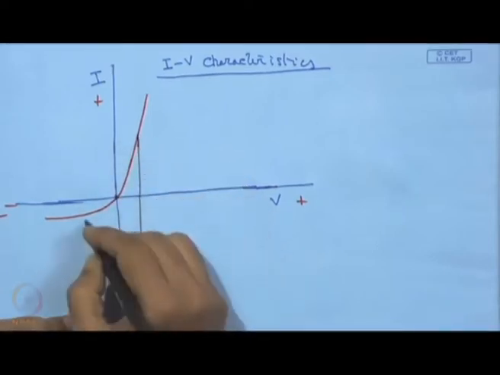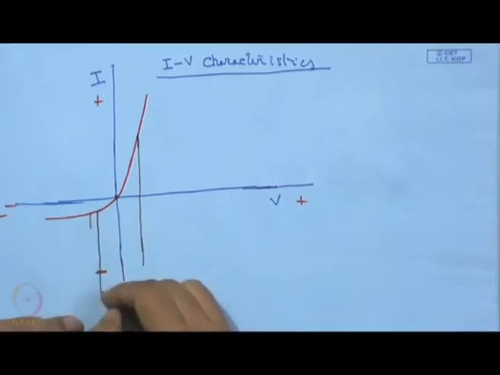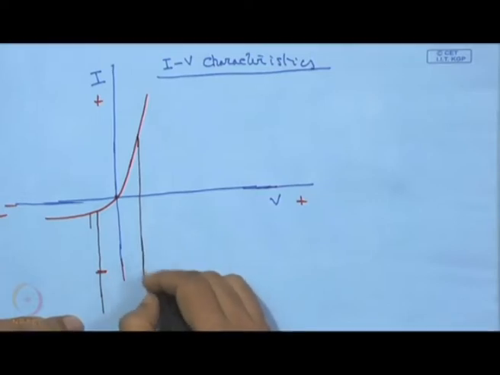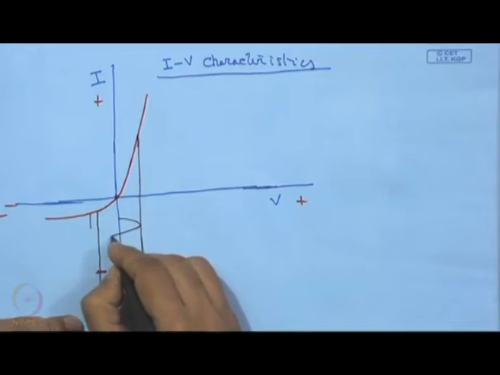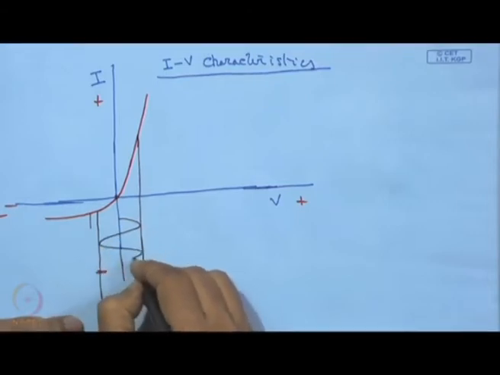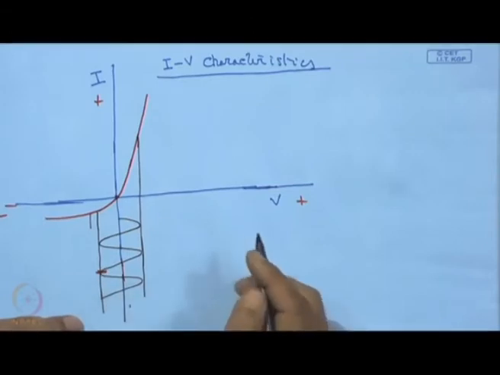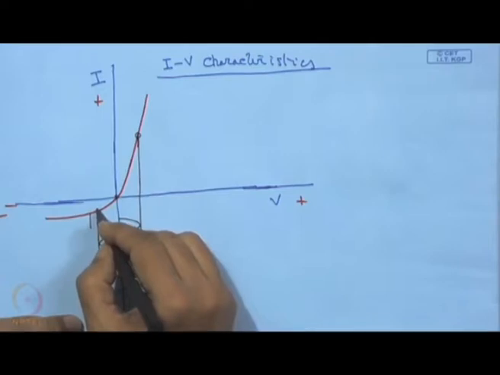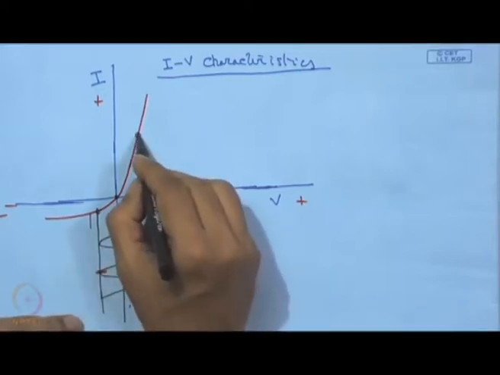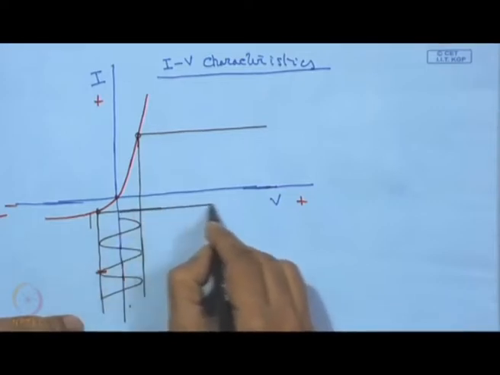This is the superimposition and it will be a sinusoidal curve. It will go like this. These are the two extremities. If we extend these two lines, what do we get here?